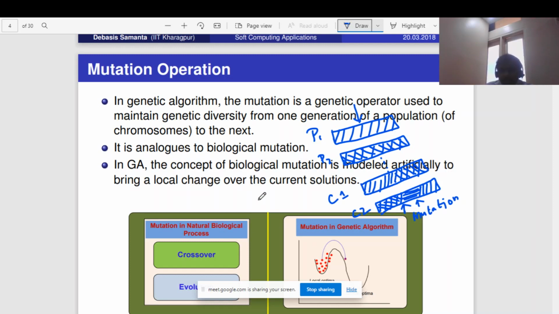This copying process may go wrong, just like when you copy some content from one place to another in a computer, sometimes due to hardware or software malfunction, the file may not copy properly. Here also it may happen. Say for example, another child, its first part is coming from parent 1, the second part should come from parent 2, but say it is coming like this, it should be checked, right?